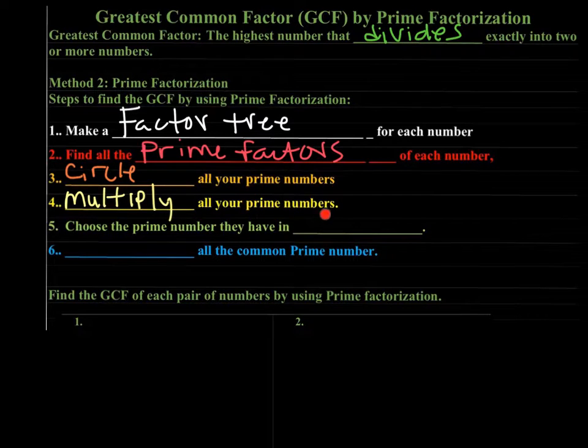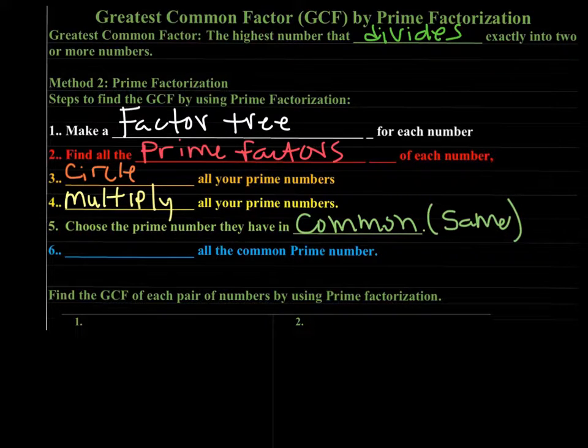After you multiply all your prime numbers, you want to choose the prime number they have in common. And the word common, if you forgot, all common means is same. So circle all the numbers they have that are the same.